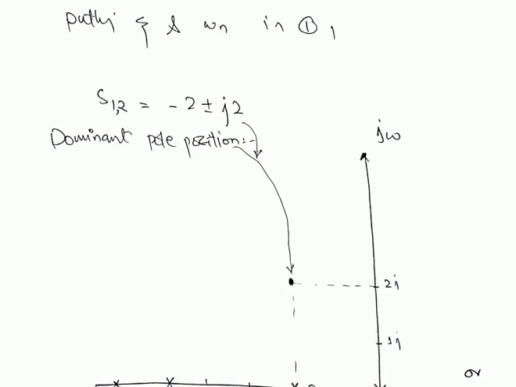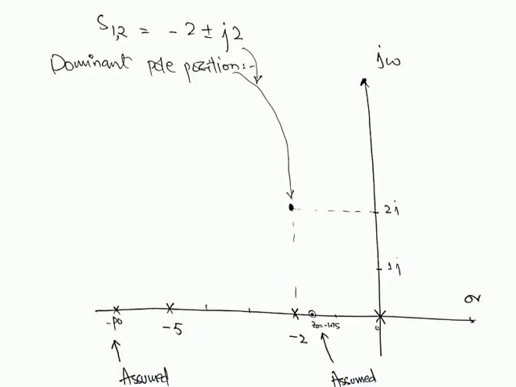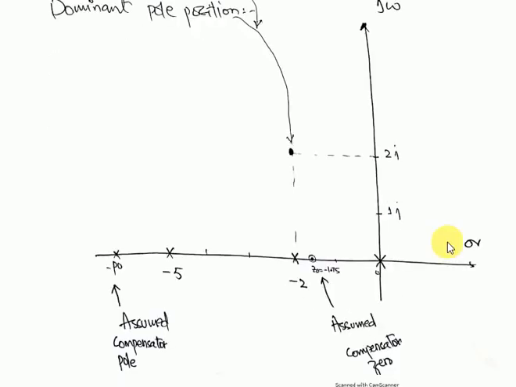So we will take one dominant pole position. One is here, minus 2 plus j2, and the other is here, minus 2 minus j2. But I am taking the dominant pole position as minus 2 plus 2j.